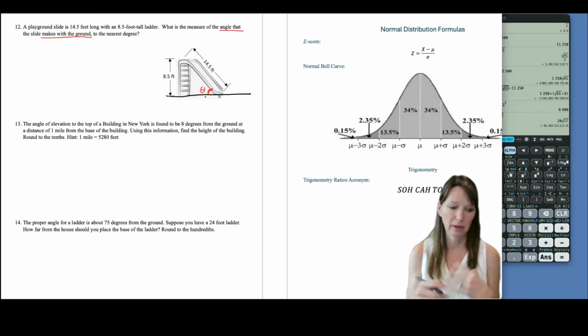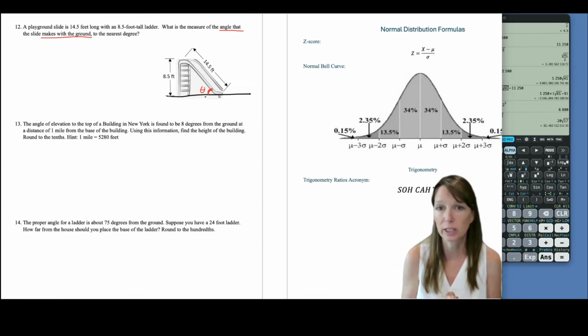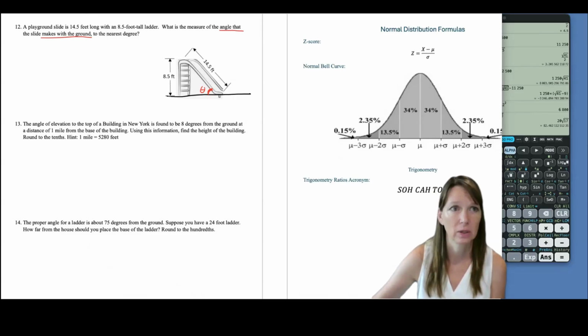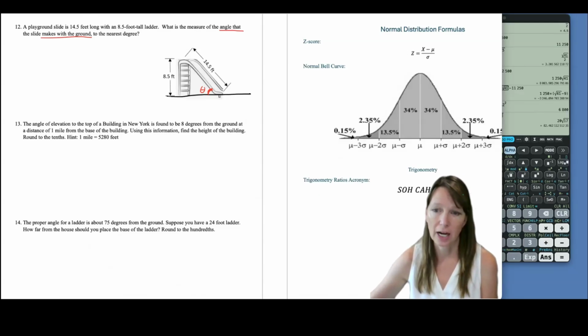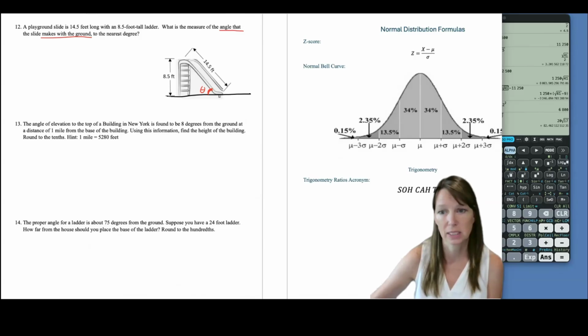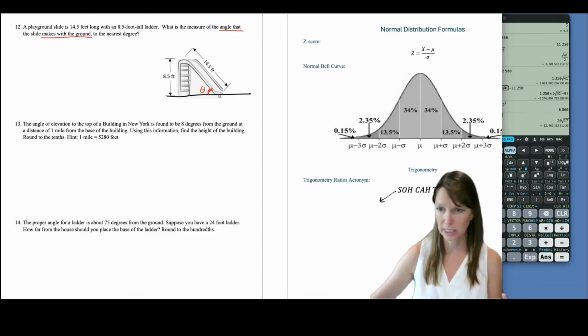Because when we talk about labeling our words for our trig ratios, we have to have those correct in relationship to where we're placing the angle. So let's go over to our trig ratios acronym that will be given to you and review what that means. So when you see SOHCAHTOA, you want to think of your trig function. So it's sine, cosine, or tangent.